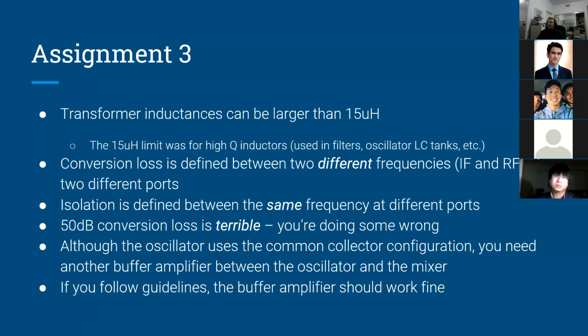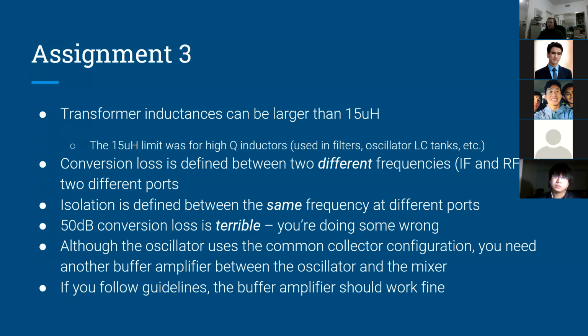All right, so on assignment 3, a question a lot of people had was the transformer for the IF and RF. If you calculate the inductance that it should be, it ends up coming to something around like 80 microhenries or somewhere around there. And so previously I'd said that the limit for inductances was 15 microhenries.